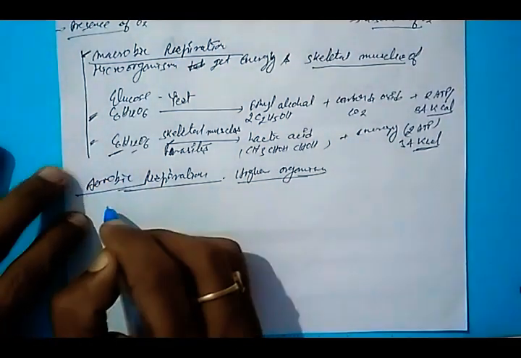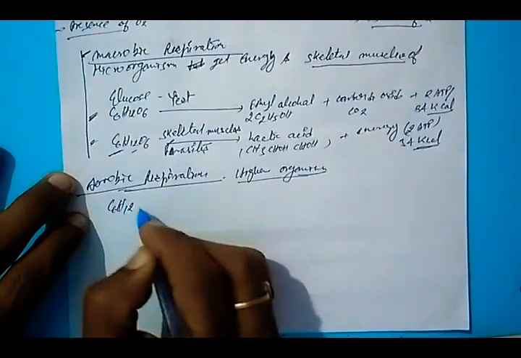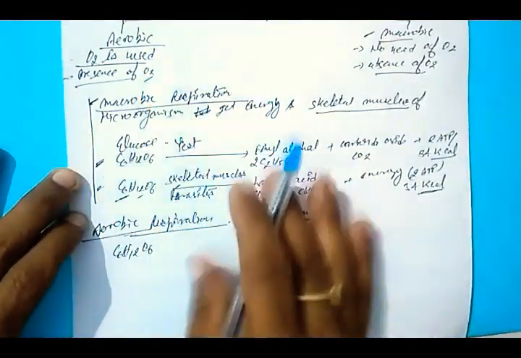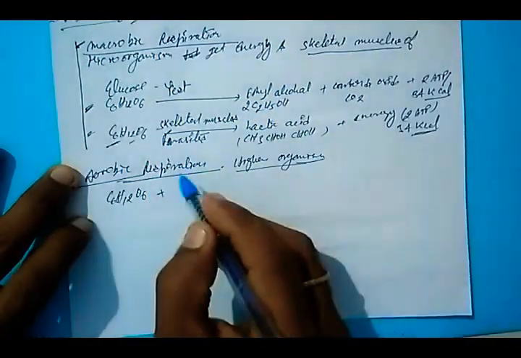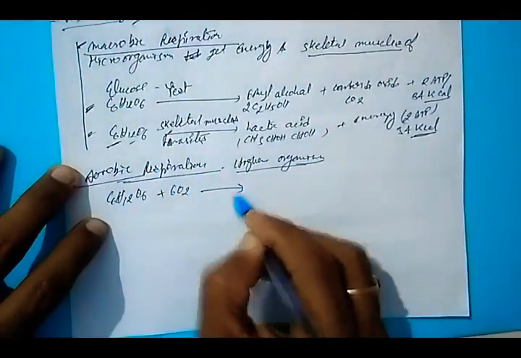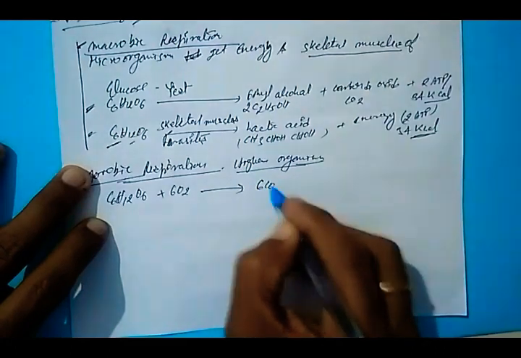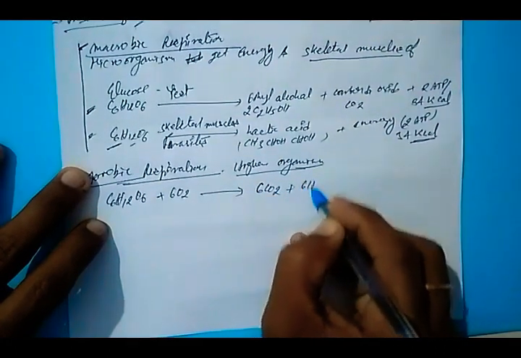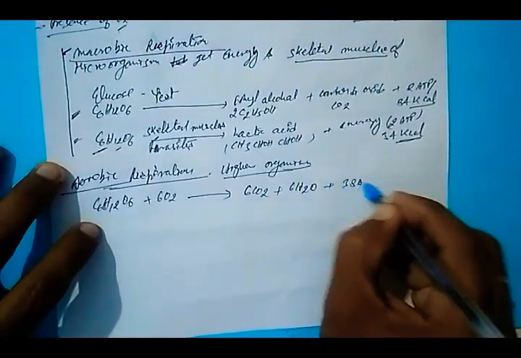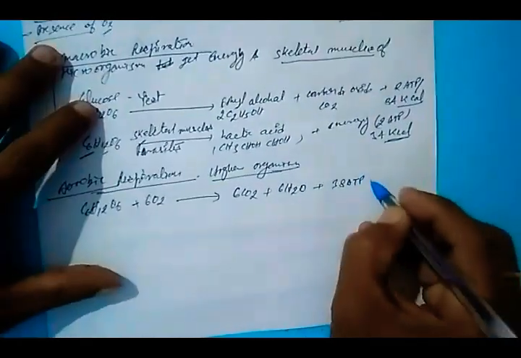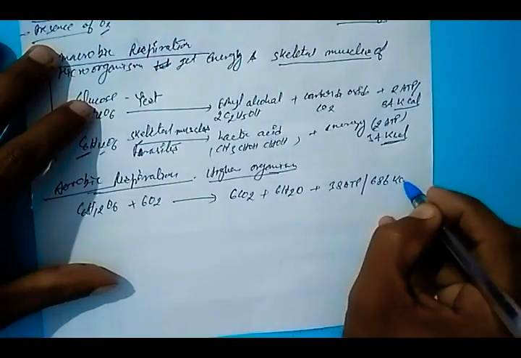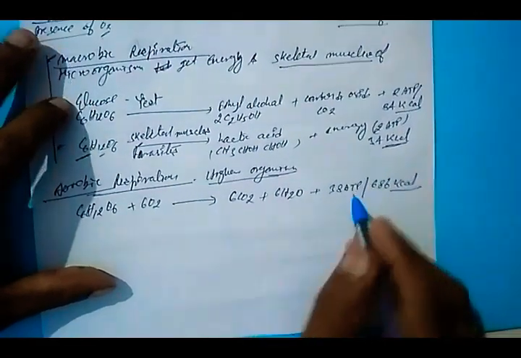C6H12O6 needs oxygen, as we studied earlier: C6H12O6 plus 6O2 gives 6CO2 plus 6H2O plus 38 ATP molecules, that is equivalent to 686 kilocalorie.